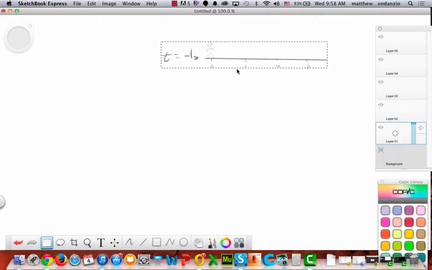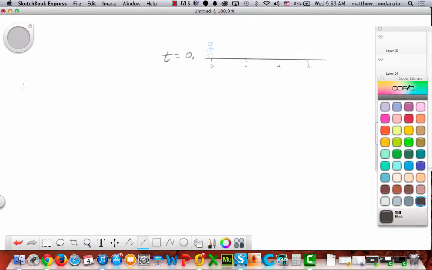Okay. So we're going to do this again. We're going to say, okay, time equals 0 seconds. See, my hashes aren't exactly the same, and that's problematic.